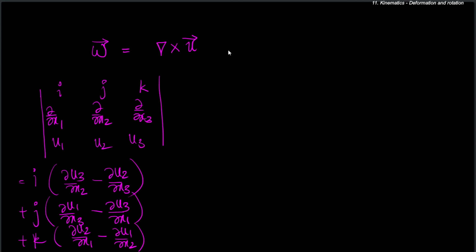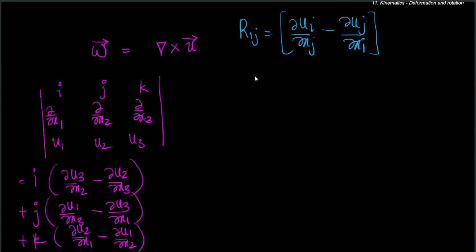Now the rotation tensor Rij was defined as half, or rather the half was omitted. It was simply del ui del xj minus del uj del xi. So let us write down all the components. It is 0, then this component is, so i equal to 1 and j equal to 2.